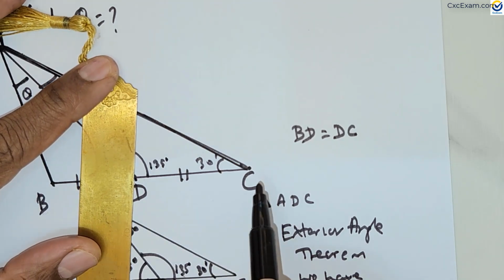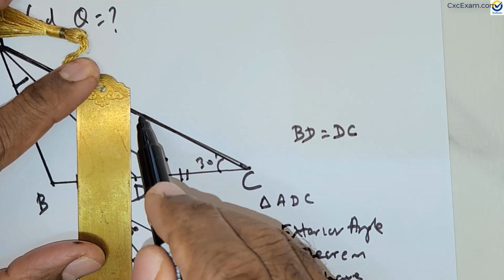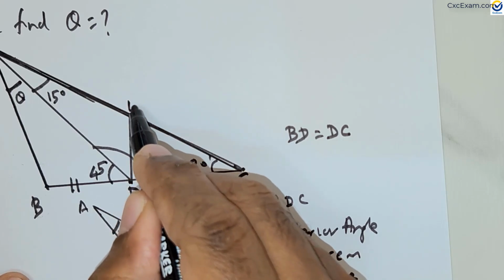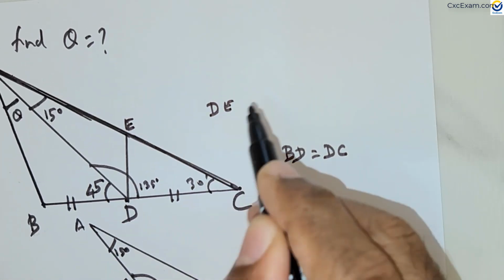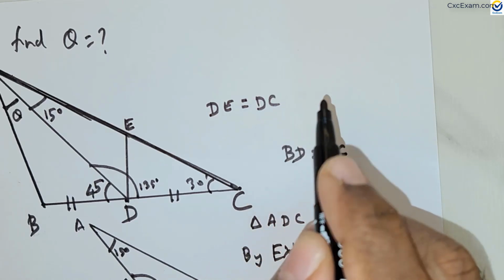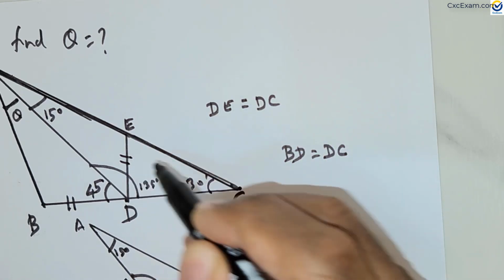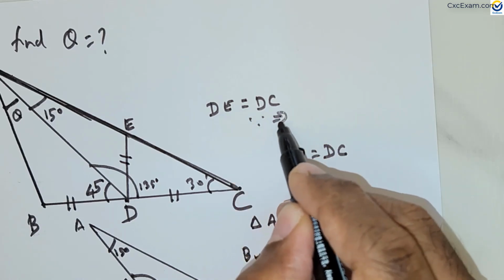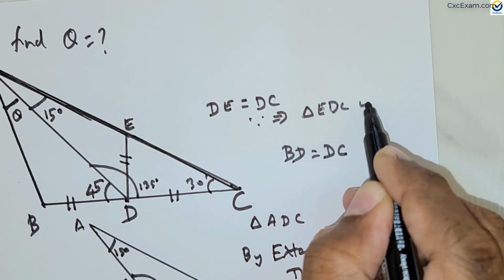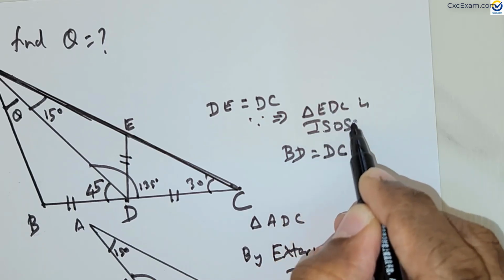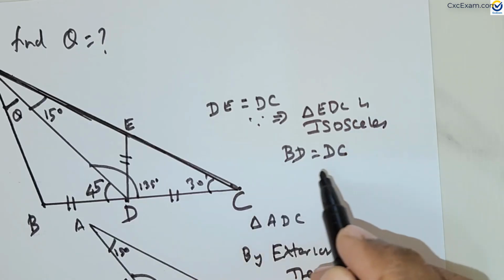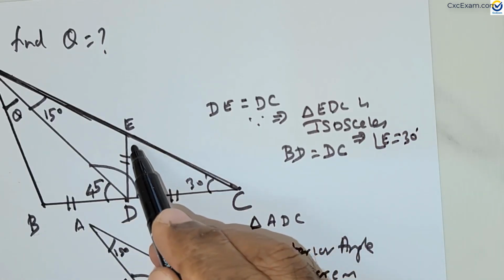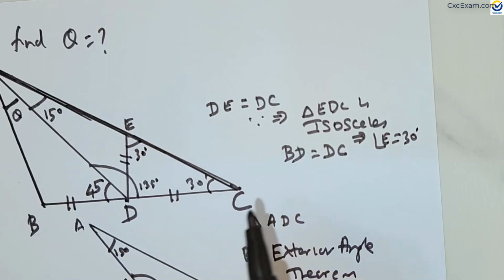So I'm drawing this line here, E. I'm making sure that DE is equal to DC, so these two are the same. Since they are the same, triangle EDC is isosceles. So angle at E would be 30 degrees.